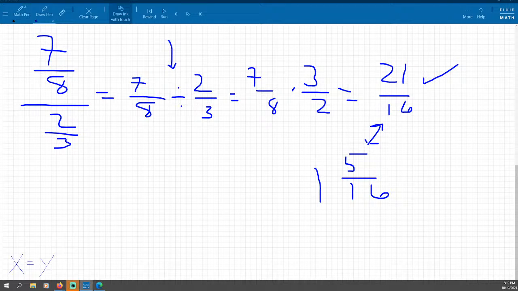This wouldn't be correct, though, if they asked you to turn it into a mixed number. Then you would have to do that. So if you write it this way, there's not really a teacher that's going to ding you for writing it that way, or for not writing it this way, unless they specifically ask for it.